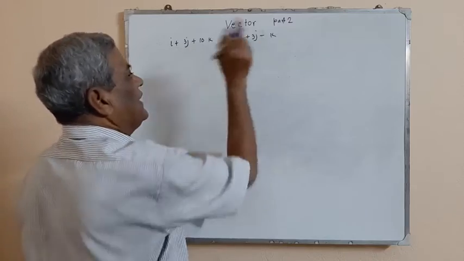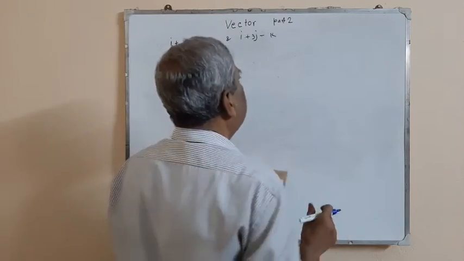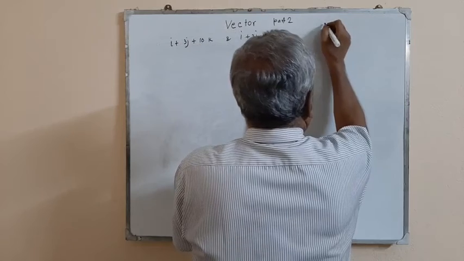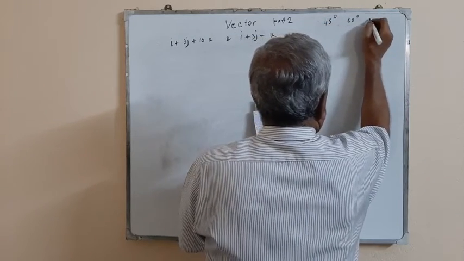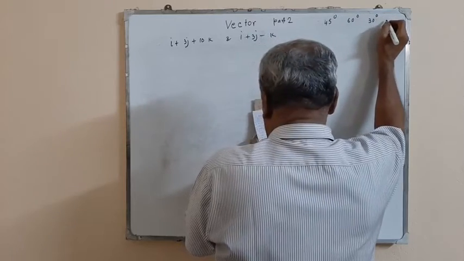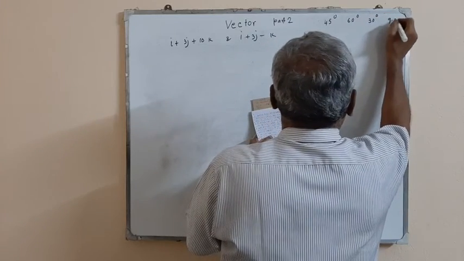Angle between this vector and that vector. So options are there: 45 degree, 60 degree, 30 degree, and 90 degree.